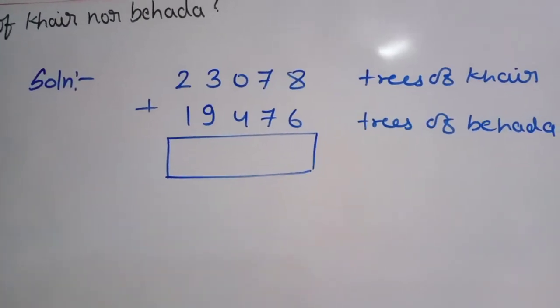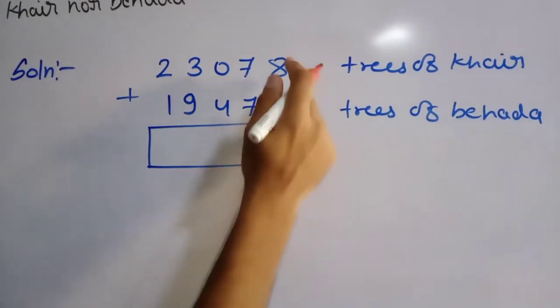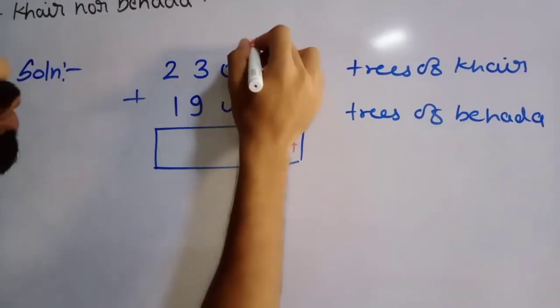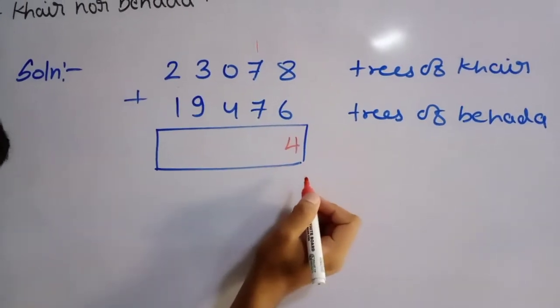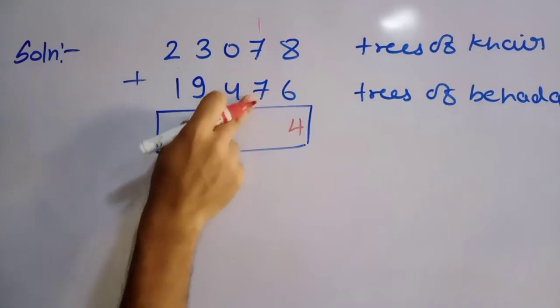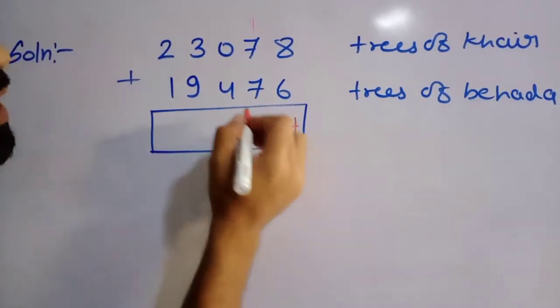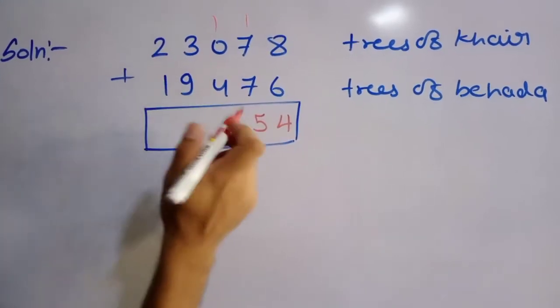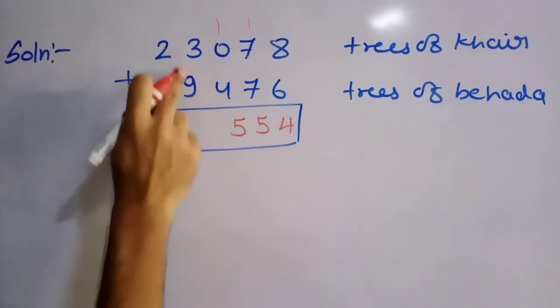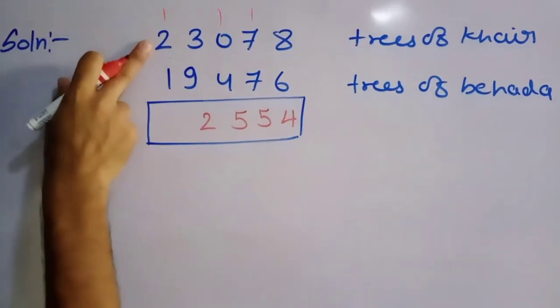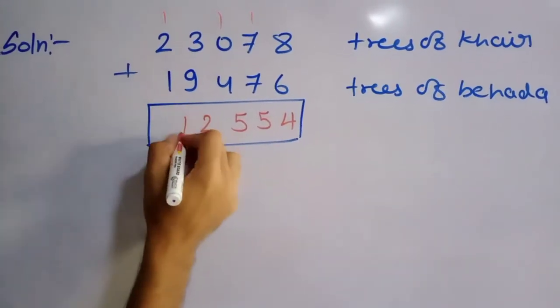Yes, we learned how we are going to do the addition. 8 plus 6, that is 14. 1 we carry to the next number at the tens place. 7 plus 7, 14, plus 1, 15. 1 carry, 1 plus 0, 1, plus 4, 5. 3 plus 9, 12. 1 carry, 1 plus 2, 3. 3 plus 1, 4.